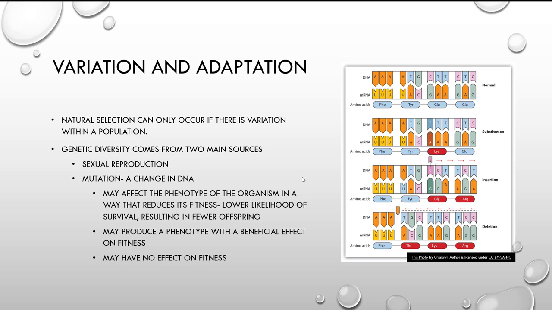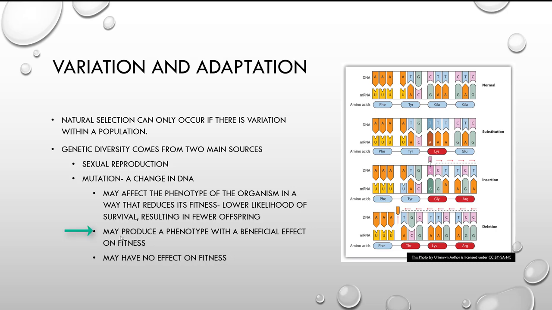The bird can find the frog easier, which lowers the likelihood of its survival, so it's going to get eaten before it reproduces. So that would be considered a negative mutation, a bad mutation. It's going to lower its fitness.